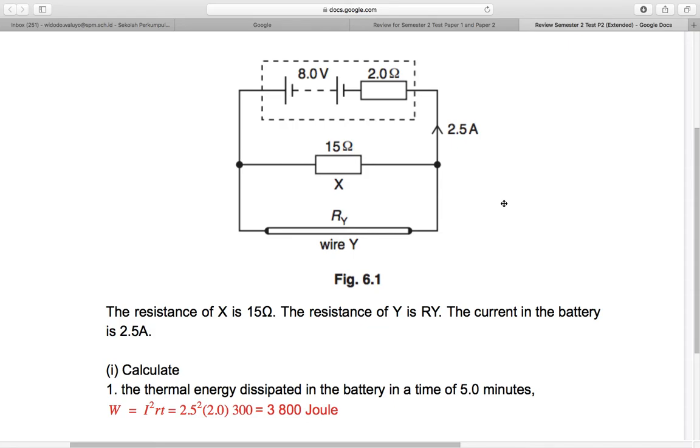After we calculate, we get 3,800 joules.